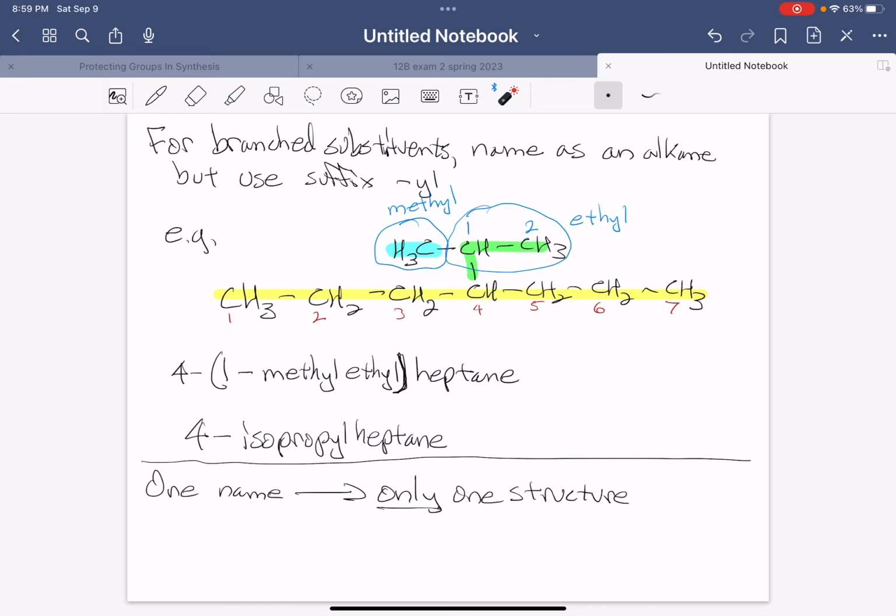It's the same thing. One is considered a quote-unquote common name, and one is the IUPAC name. But the most important thing is that your name will uniquely identify just one structure. There should be no ambiguity in the name. I can't draw two possible different structures from one name if you've named things correctly.